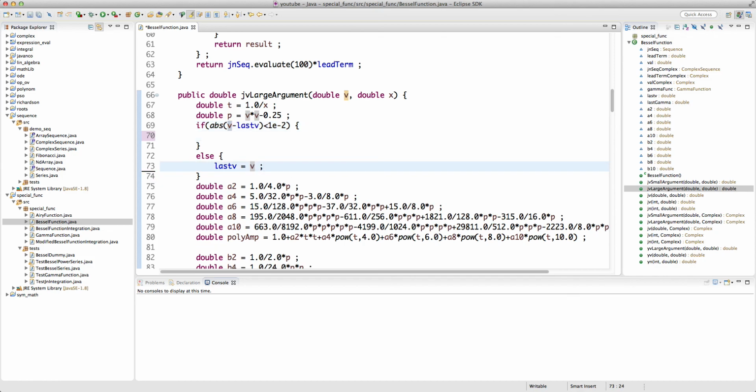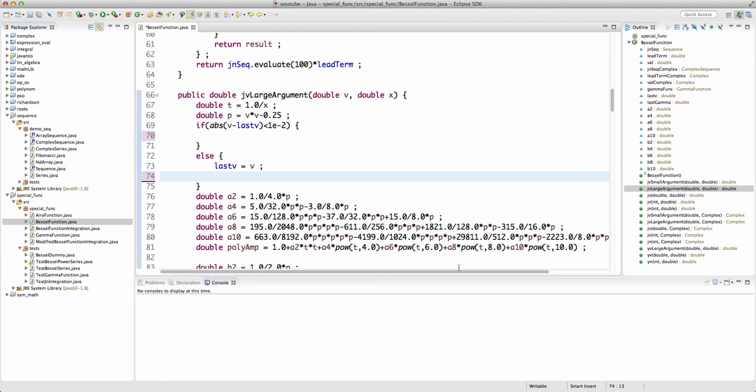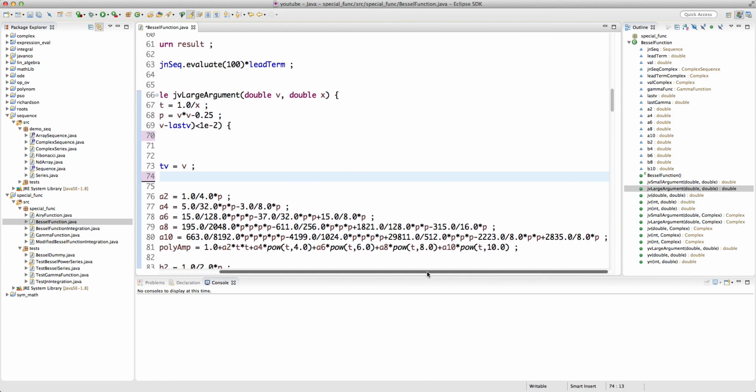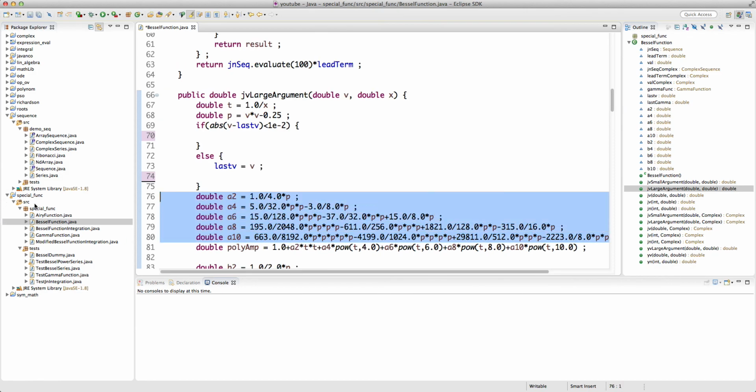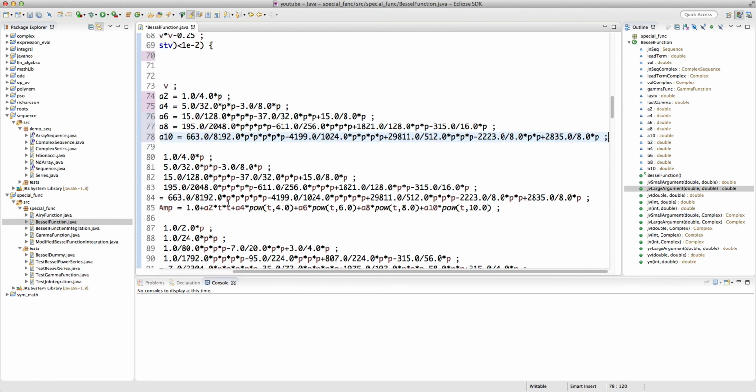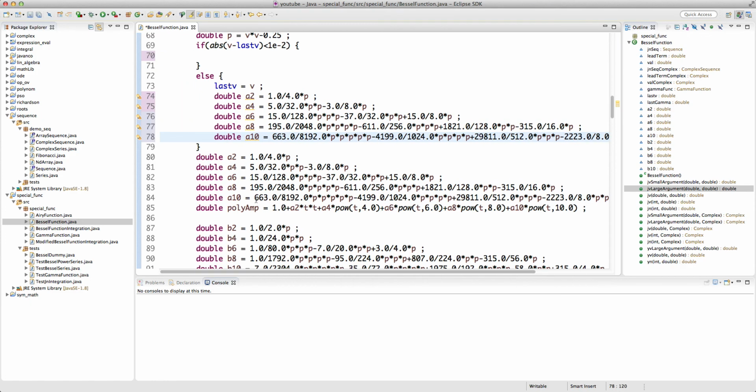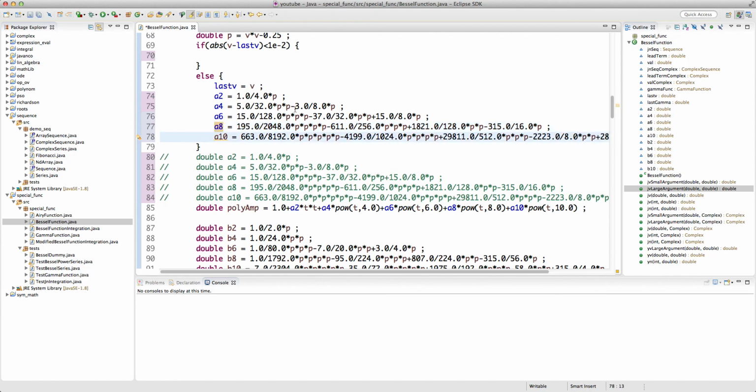Otherwise we update the coefficients. So I'm going to comment these, and then update last nu and update a2, a4, a6, a8, and a10.